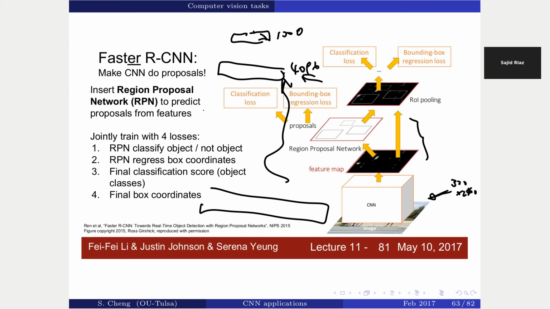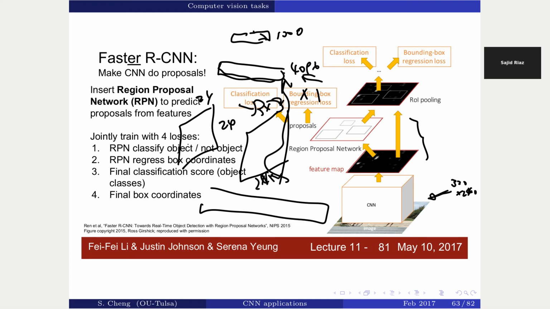If I have an input image of 24 by 24 and apply a 3 by 3 conv with pad 1, I get back 24 by 24. If I keep doing convolutions, the size of my output will depend on the size of my input.